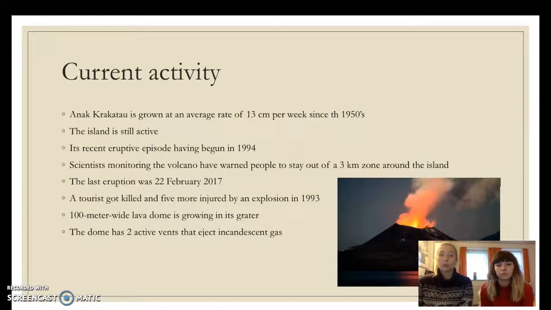Scientists monitoring the volcano have warned people to stay out of a 3-kilometer zone around the island. The last eruption was on the 22nd of February 2017. A 100-meter wide lava dome is growing in its crater, and the dome has 2 active vents that eject incandescent gas.